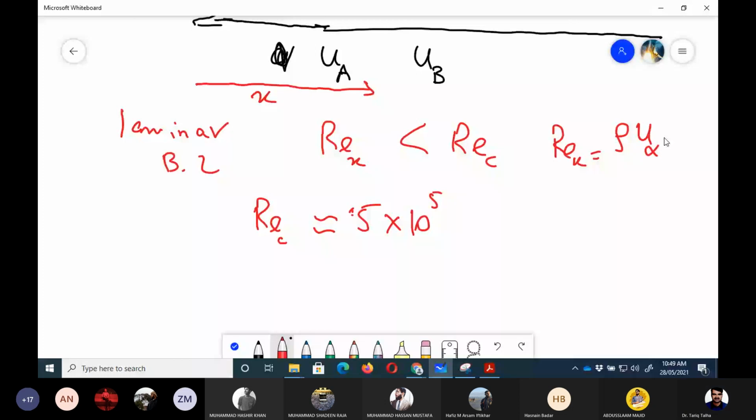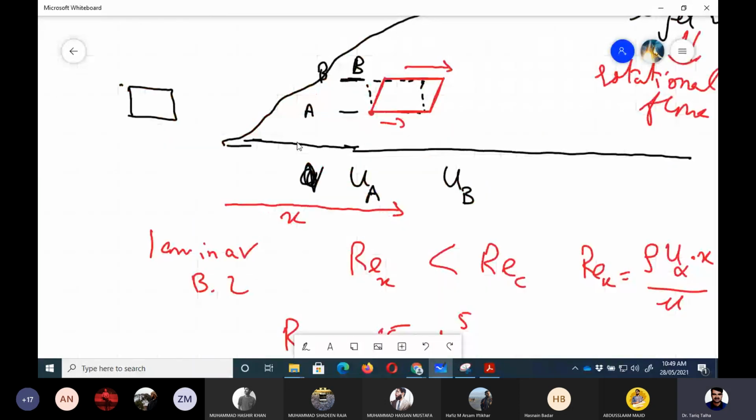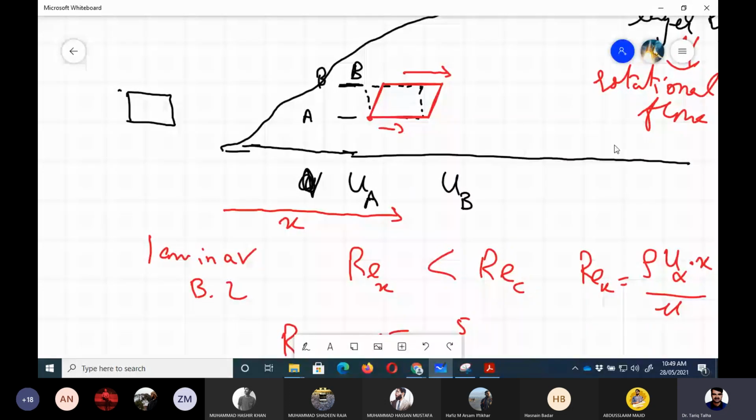If the flow is moving along the flat plate, the Reynolds number depending upon the x location would increase.